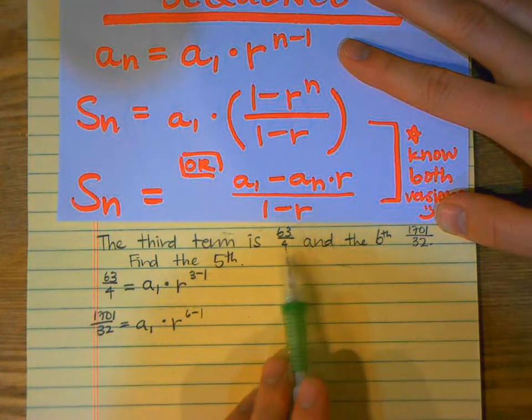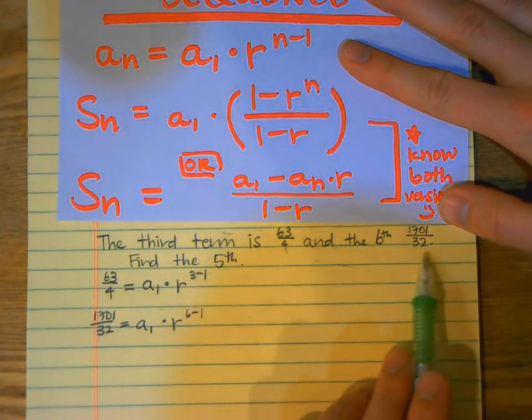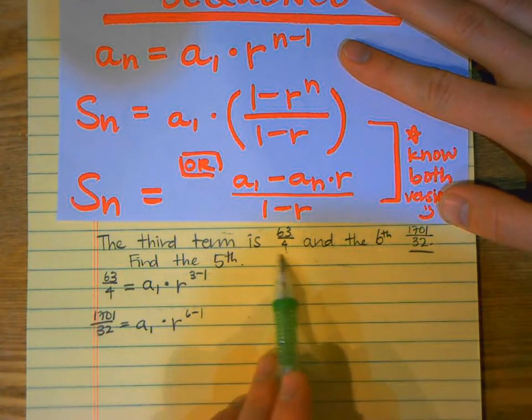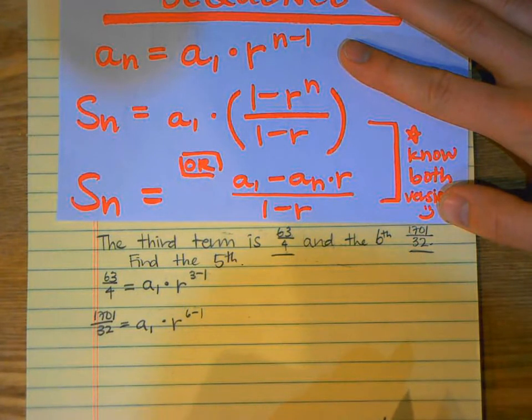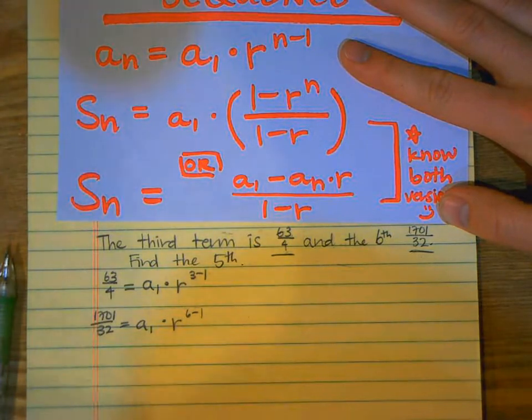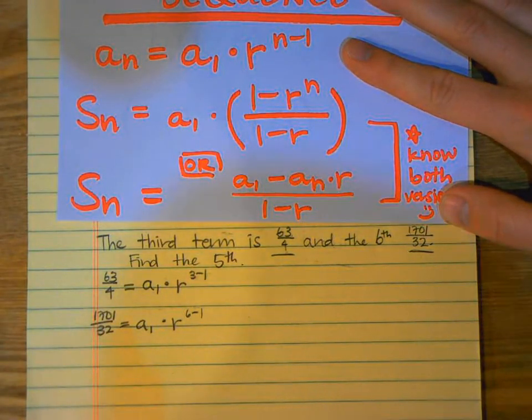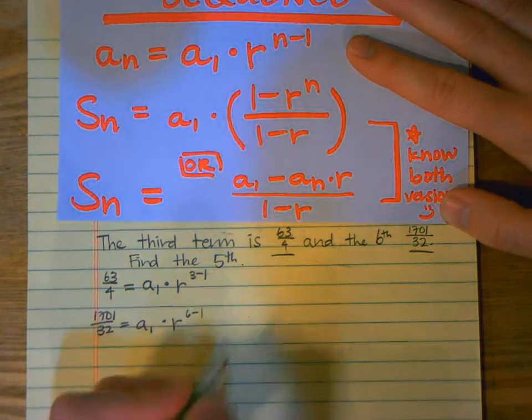If I find the ratio between these 2 terms by dividing the sixth term over the third term, then I can move on from there with some other mathematics skills and figure out what my ratio is. So I'm going to do that.